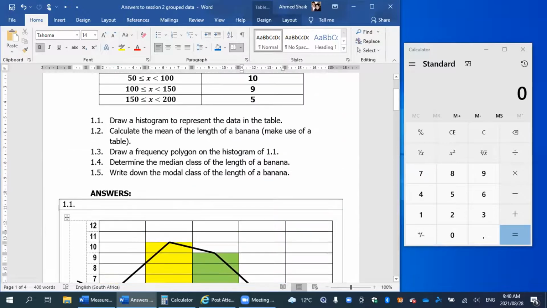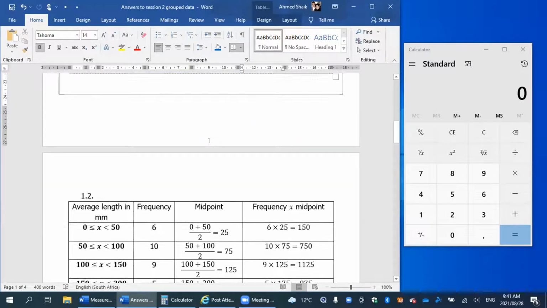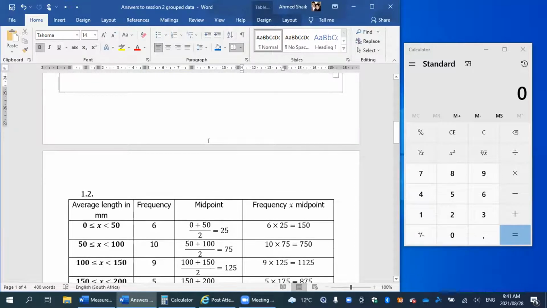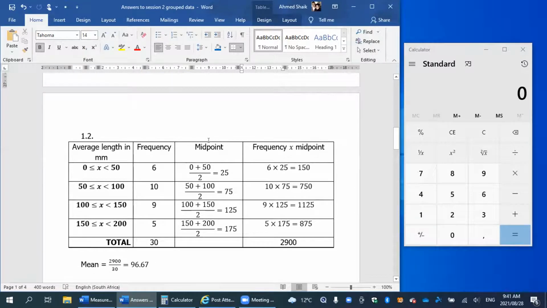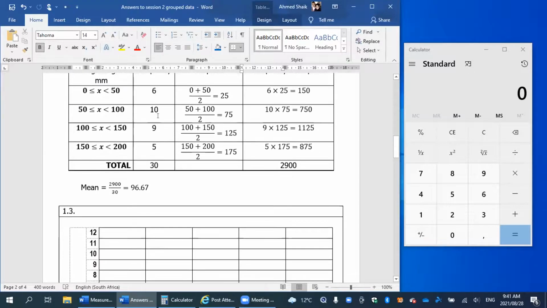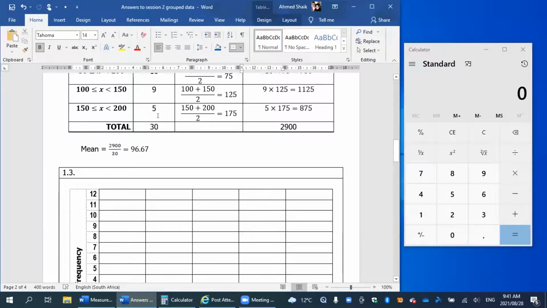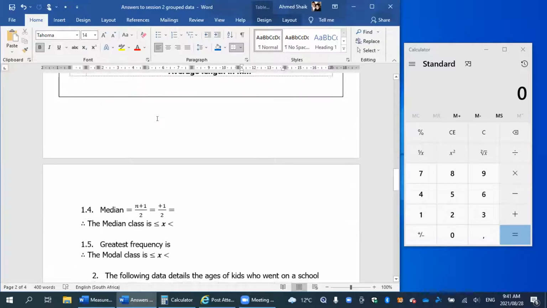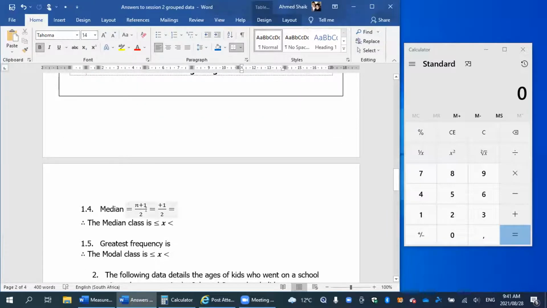Okay, that was 1.3. 1.4, determine the median class of the length of a banana. Now, when we were working with the median in ungrouped data, we used the scratch method. When it comes to grouped data, it would be easier to use the formula, which is the median is equal to (n plus 1) over 2.